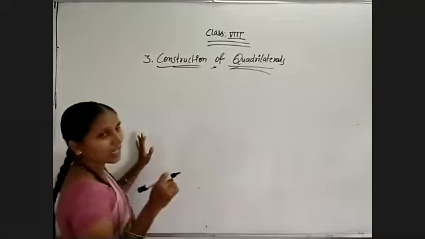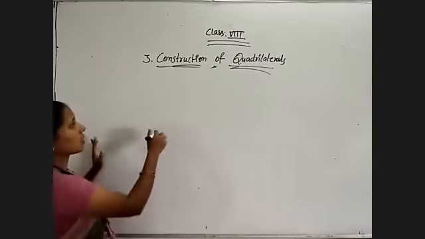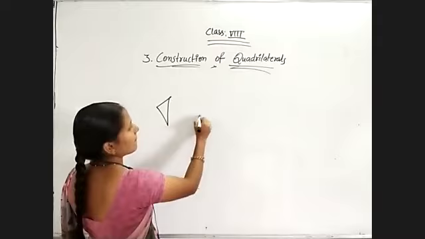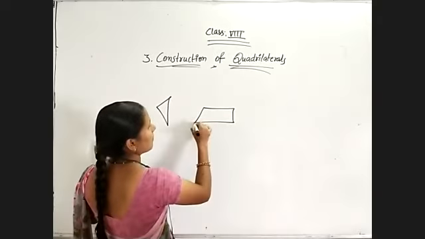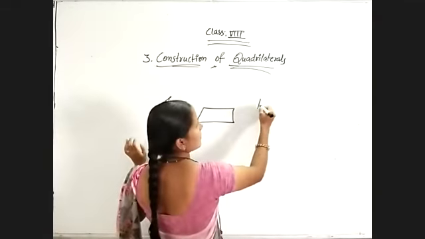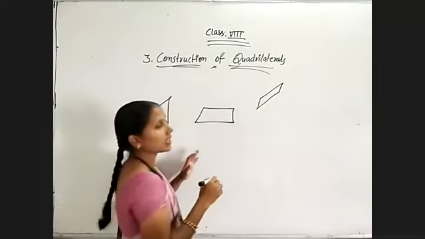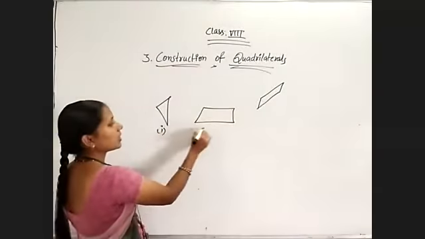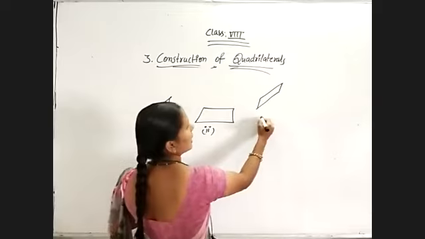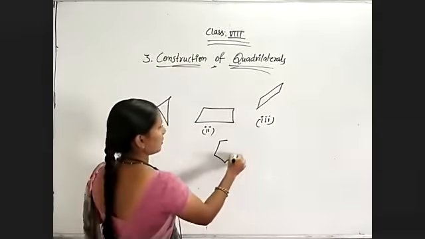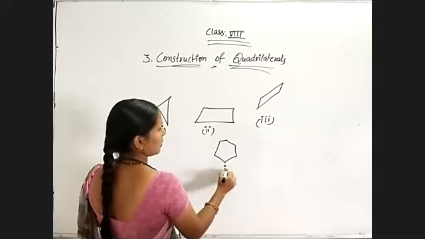First, suppose I'm drawing some pictures here. Now tell me. Like this, I have different figures. This is my first figure, second one, and third one, like this I have.